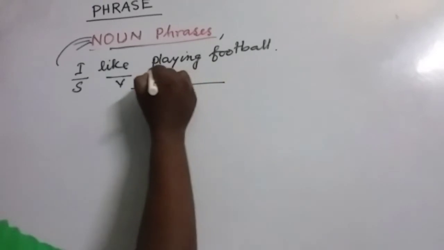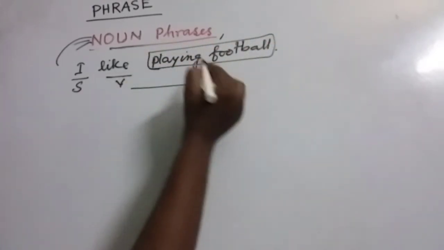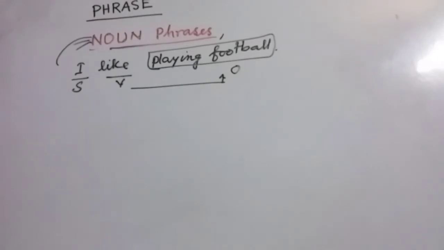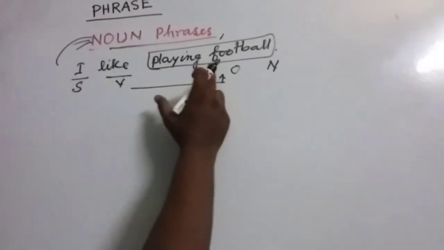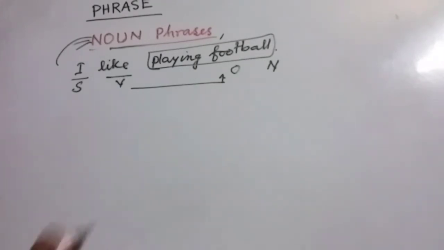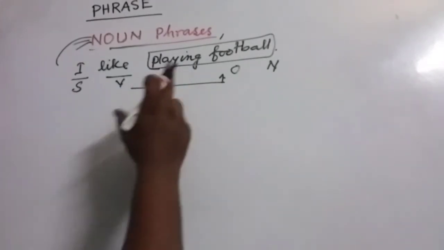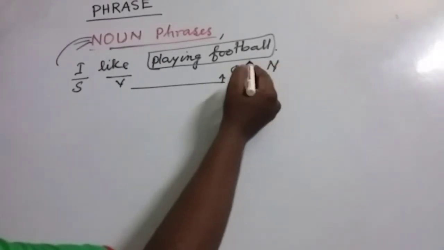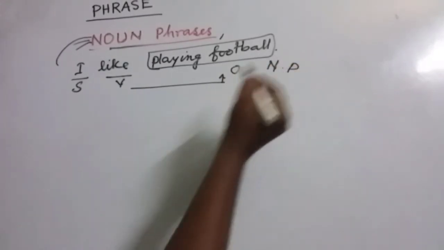This one, playing football. So this is the object of this sentence. Object means either noun or pronoun. It's not a pronoun, so obviously it's a noun. It's not a single word. There are two words, so obviously it's a phrase. What kind of phrase? As it is behaving like a noun, it's a noun phrase.